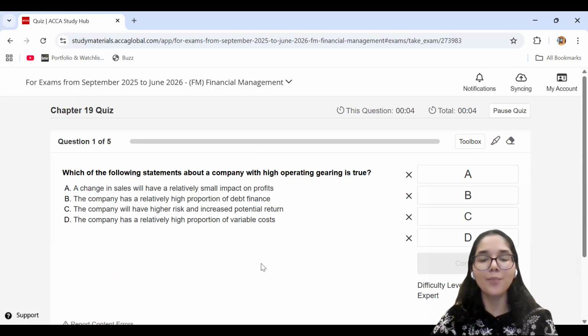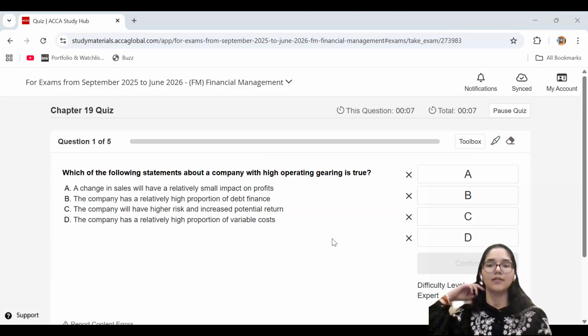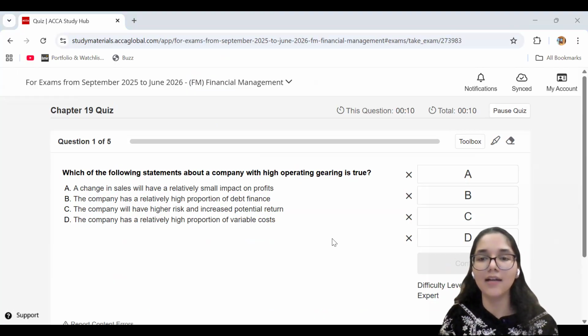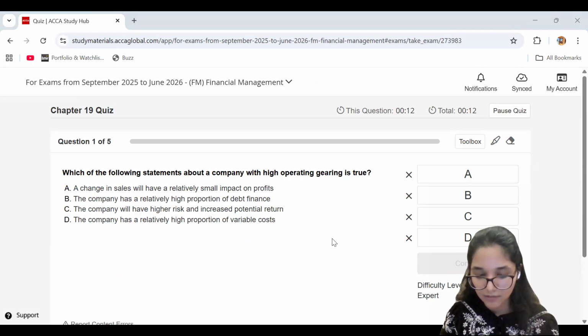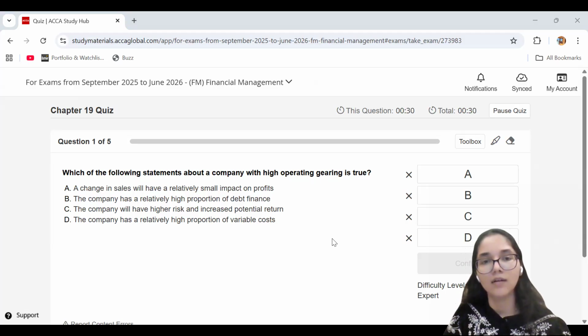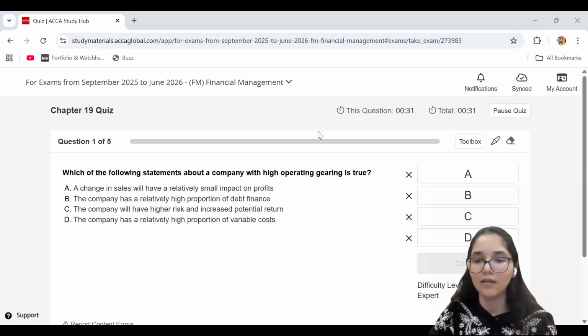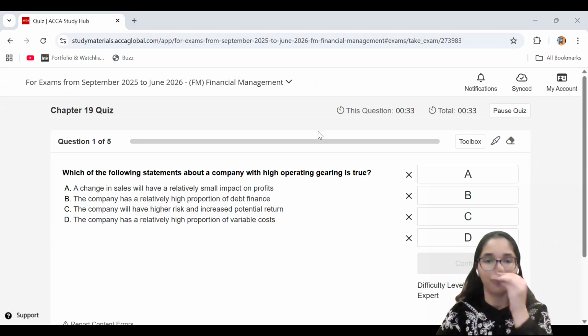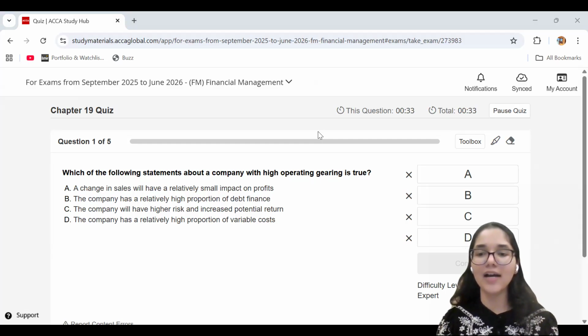Question number 1, think properly and let me know your answers. Before you give your final answer, think properly. You can drop your answers in the comment box once you are done with your thinking.